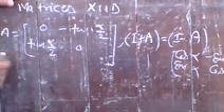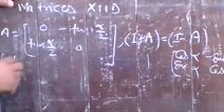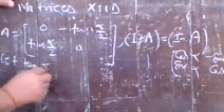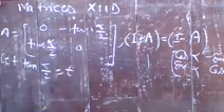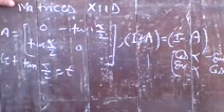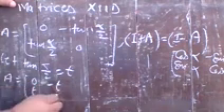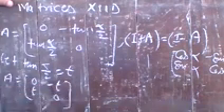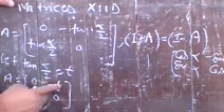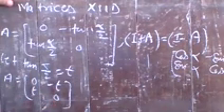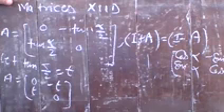Write it here. Let tan alpha by 2 is equal to t. So A matrix becomes 0, t, minus t, 0. And also you find the value of cos alpha and sin alpha.